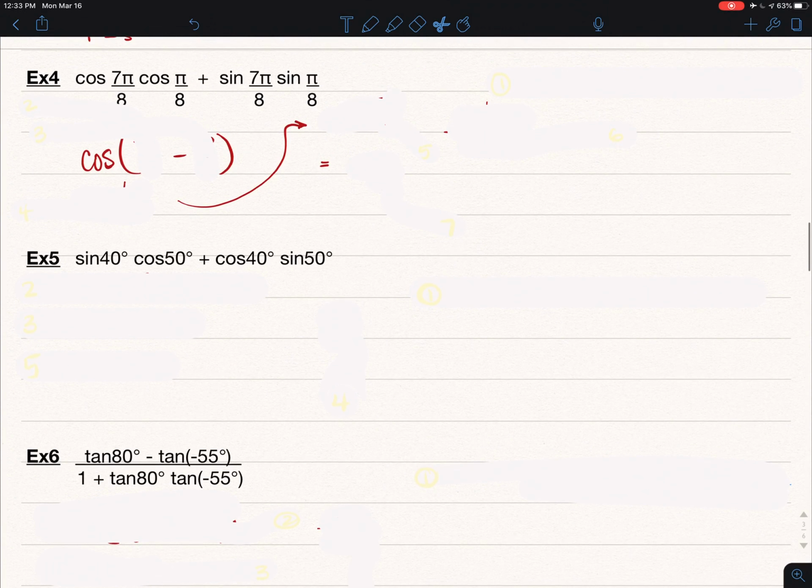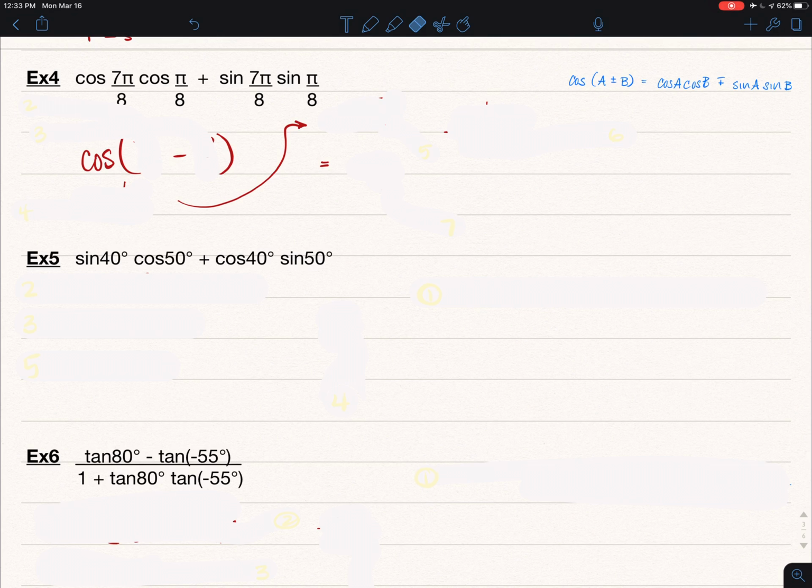So let's head to example number 4 first. And like I already mentioned, we're using the cosine difference identity. It's the difference identity because of that plus sign there in the middle. The plus sign in the middle matches up with a cosine of angle A minus angle B. So here we go. This looks like the right side.